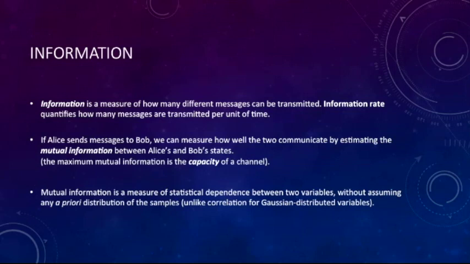If you now have two agents, a sender and a receiver, let's call them Alice and Bob, we can measure how well the two communicate with each other by computing the mutual information between their two states. So you record the states of Alice. For example, she's emitting beeps, beep, beep, beep. And you can also look at the states of Bob.